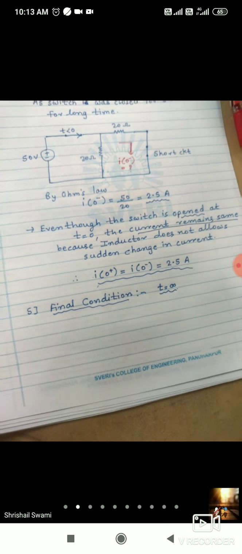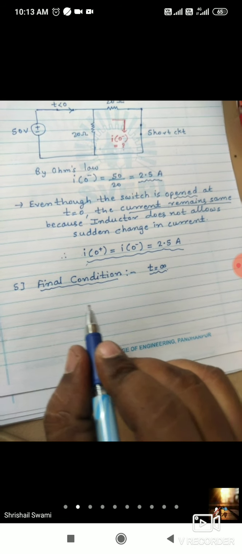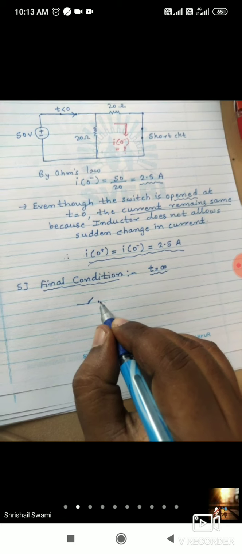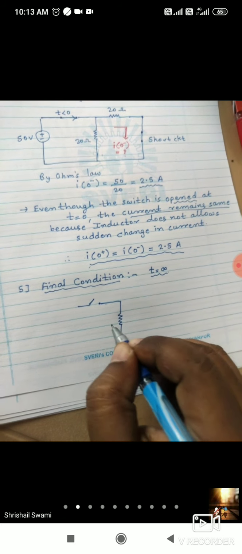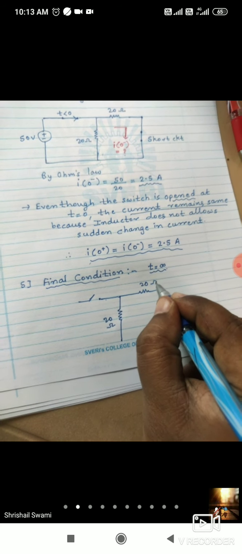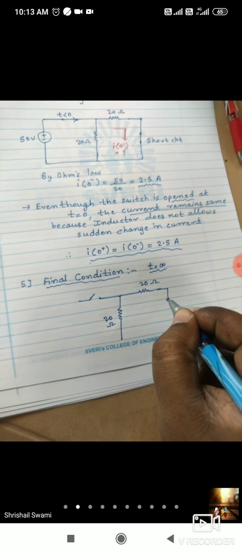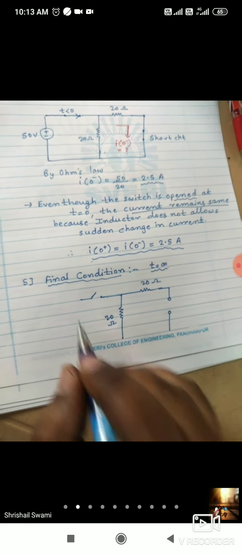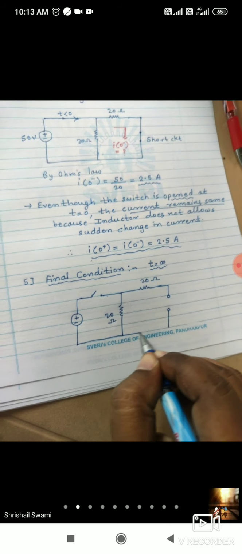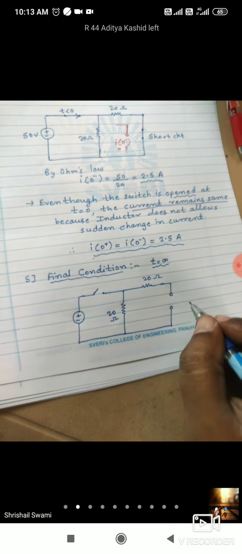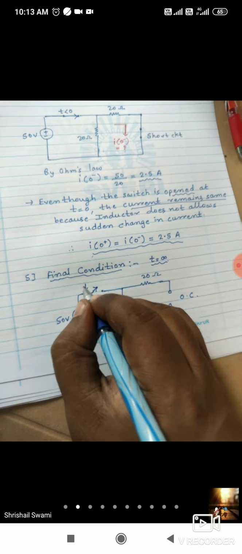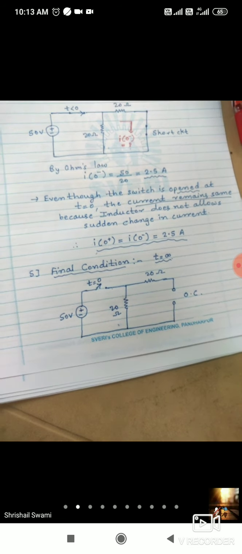When the switch is opened for a long time, the resistor will be 20 ohm. For the final condition, the inductor becomes open circuit. So this will be 50 volt, and the switch is closed already at t is equal to 0.